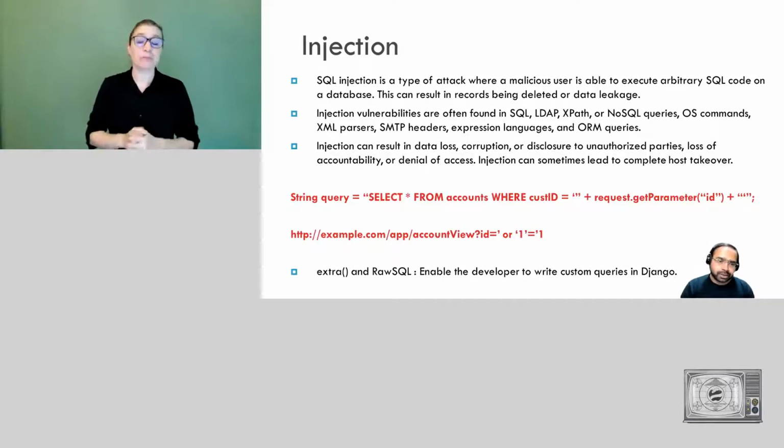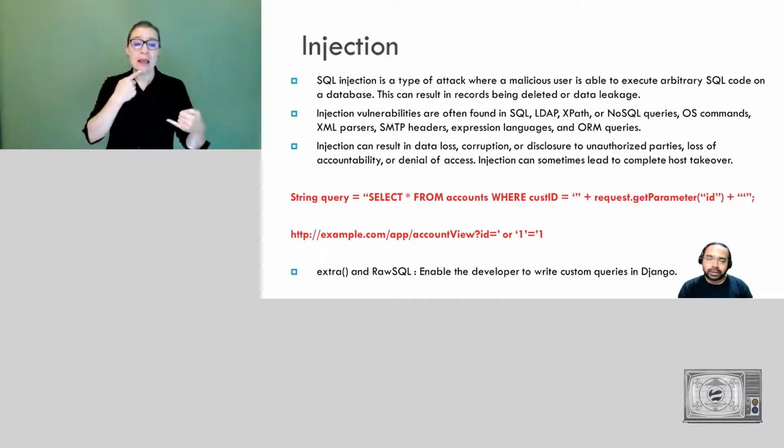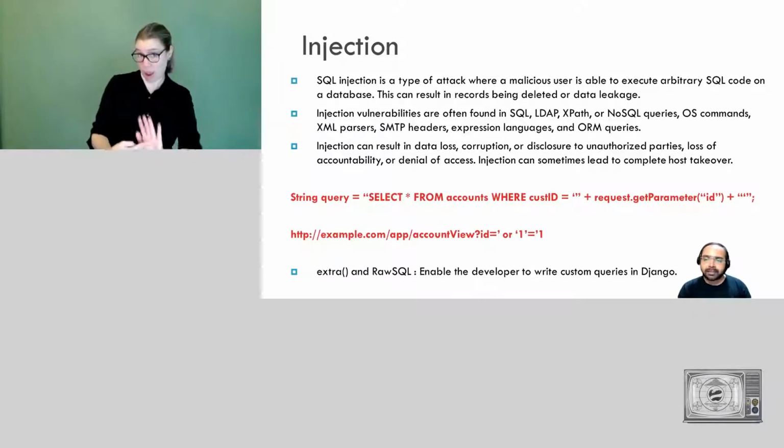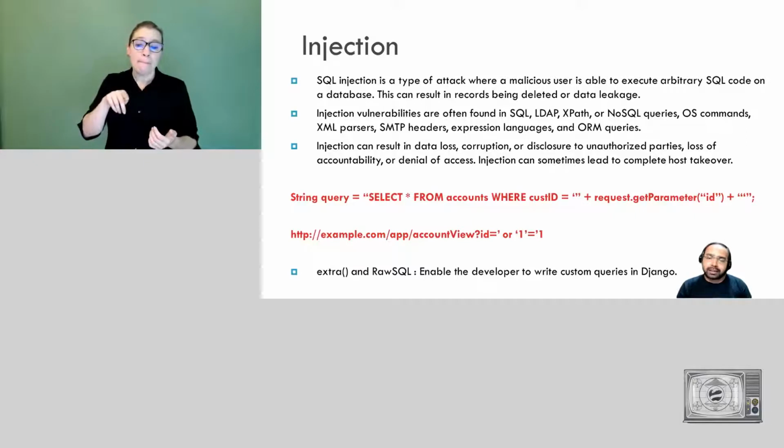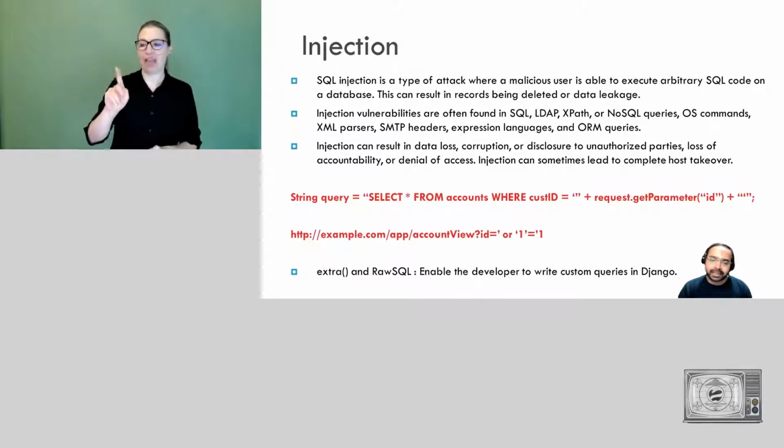Now you can also see here one example. The first line specifies a SQL query, where it is written select star from accounts where customer ID equal to the parameter name has been specified. Now after the ID parameter, the attacker can put the attack vector, and that is shown in the next line.